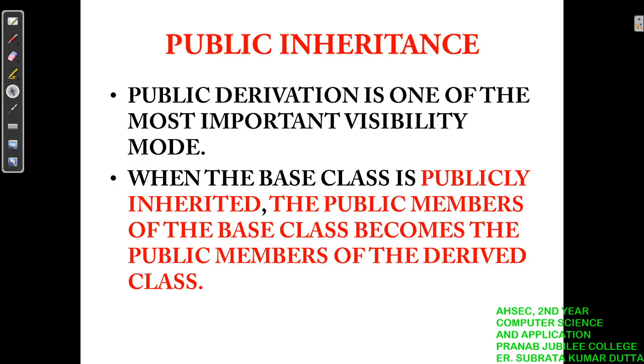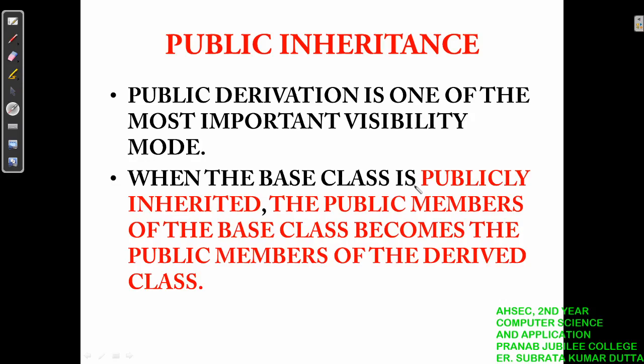For public inheritance, when a base class is publicly inherited, if you have seen my last video, the example that we have taken, where the class child is derived, it is derived by public inheritance, right? You can visit my last video and watch the example.